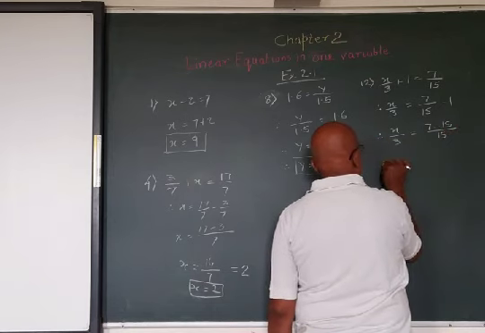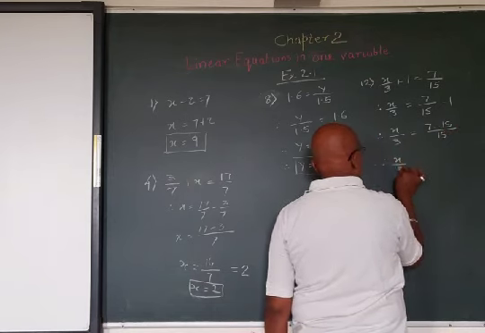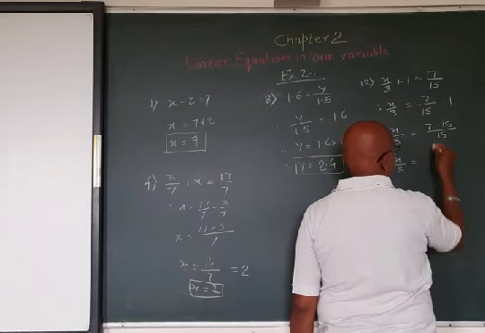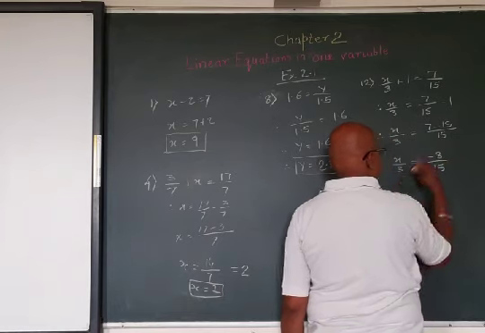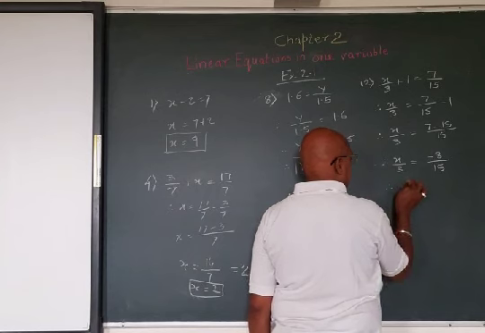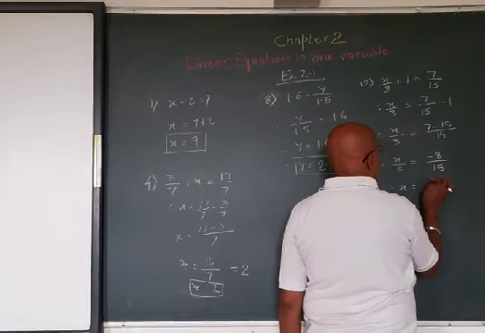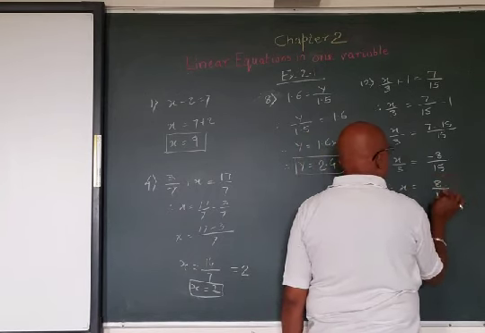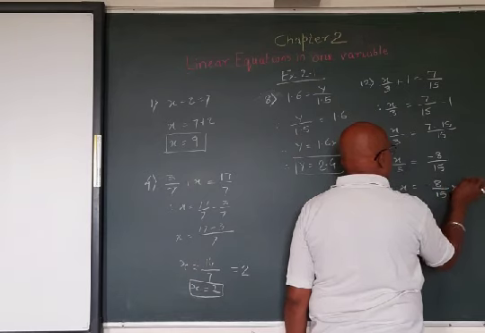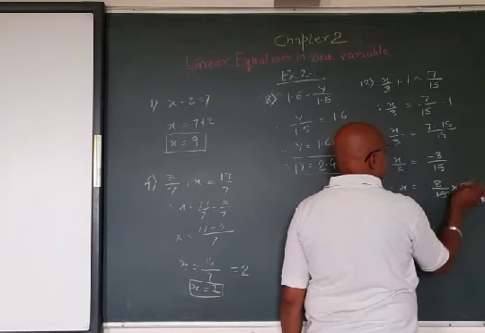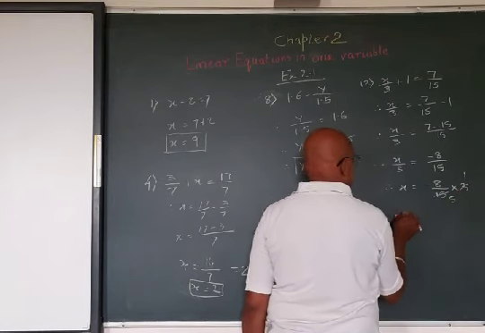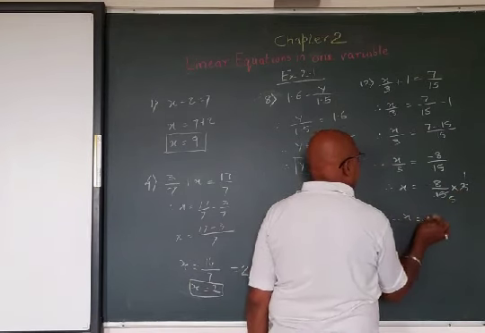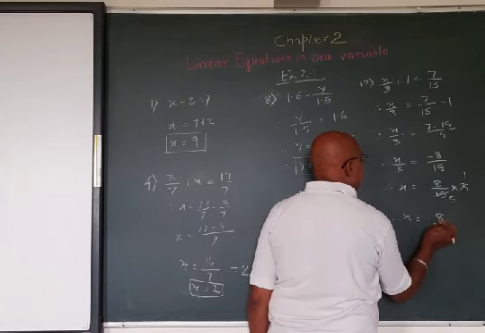So we get x upon 3 equal to 7 minus 15, which is minus 8 upon 15. This 3 will go in multiplication. So x equal to minus 8 upon 15 multiplied by 3. So we can cancel 3 with the 15. Therefore x will be equal to minus 8 upon 5.